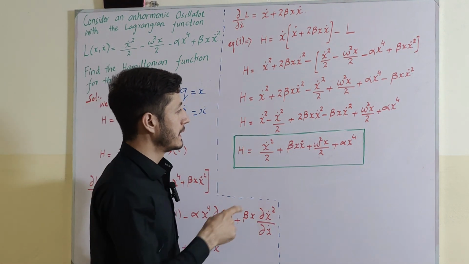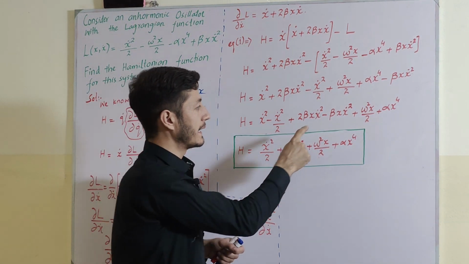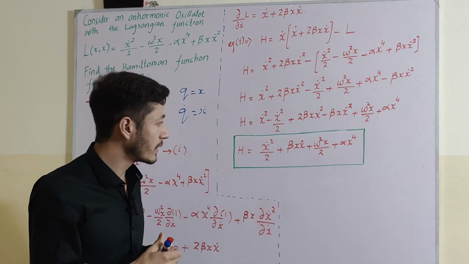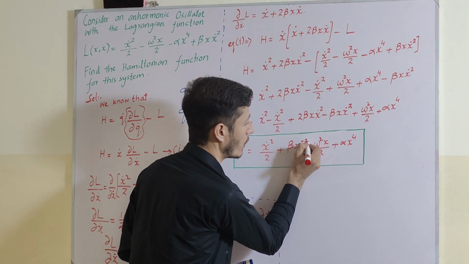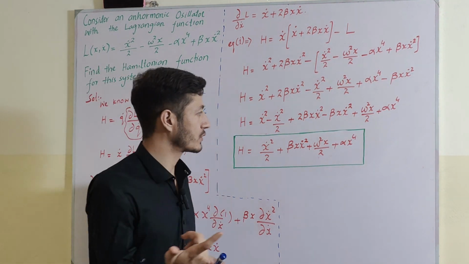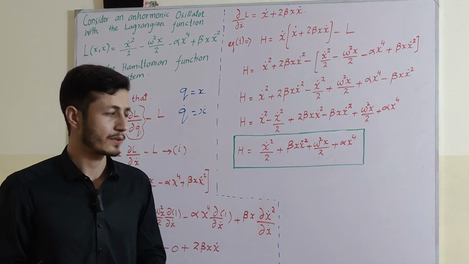It's like 2 beta x x dot square is there 2 times and a single beta x x dot square is there once. So 2 minus 1 gives us 1, so it becomes beta x x dot square. Here it's not x dot, it's x dot square. And the final two terms remain as they are.